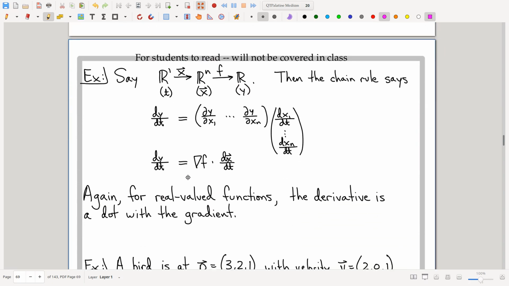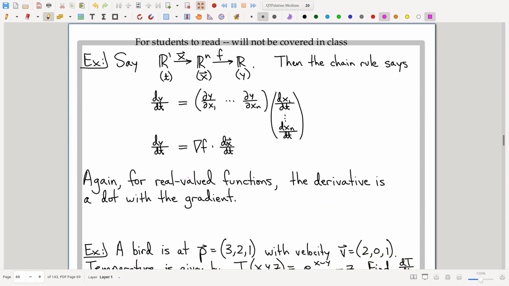Okay, next special case. We're still going to continue with having one input variable. That means that we have one column in each of those. But now we are also going to assume a single eventual output variable.